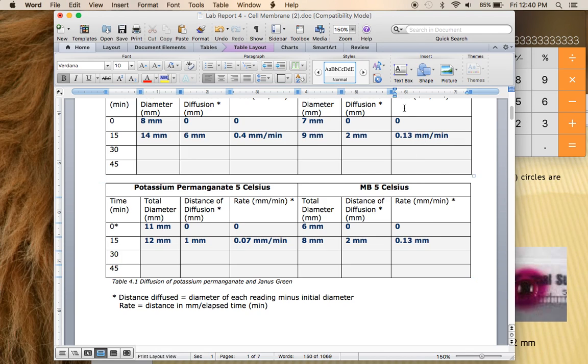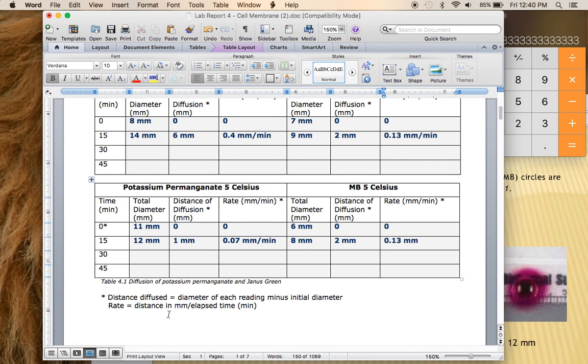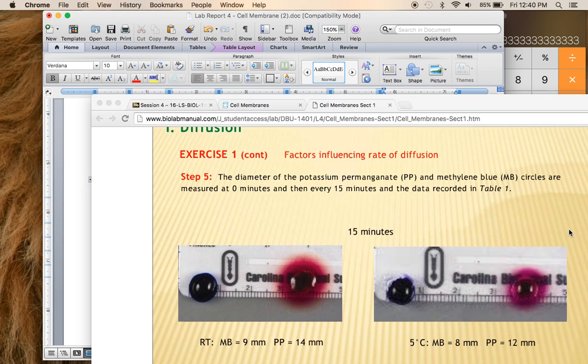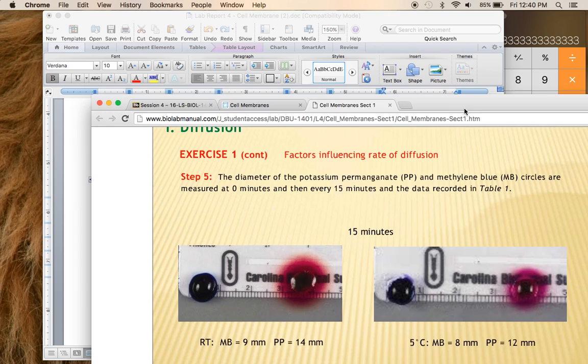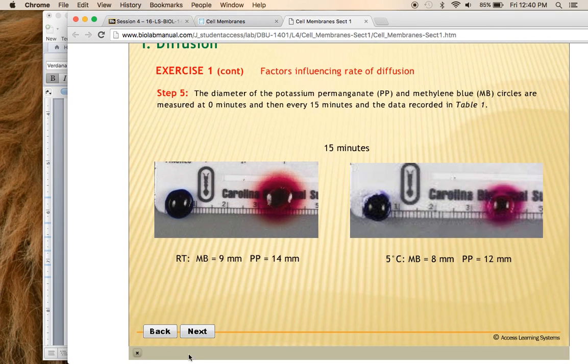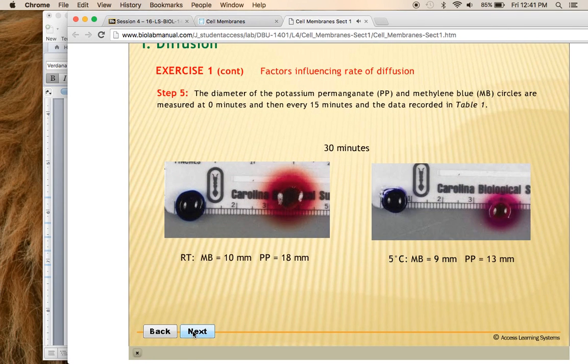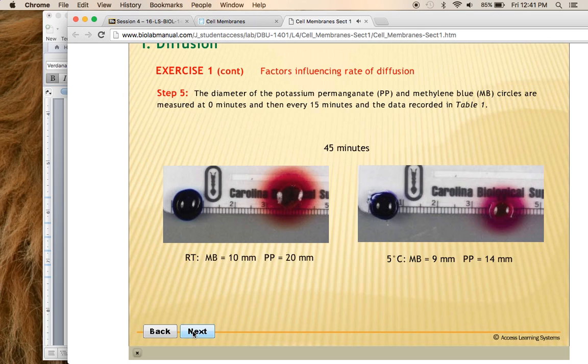And so that's how you do the chart. So the formulas are listed down here for the distance diffused and how to calculate the rate, and then the numbers that you're actually filling in you will find in the lab itself. So they actually do the measurement for you. So it progresses through 30 minutes and then through 45 minutes.